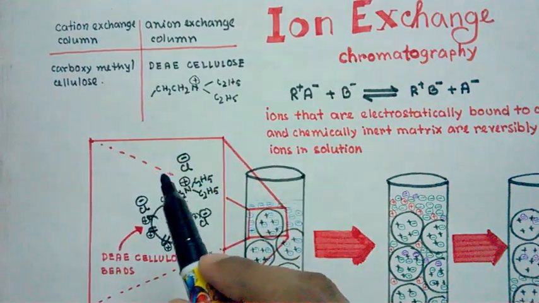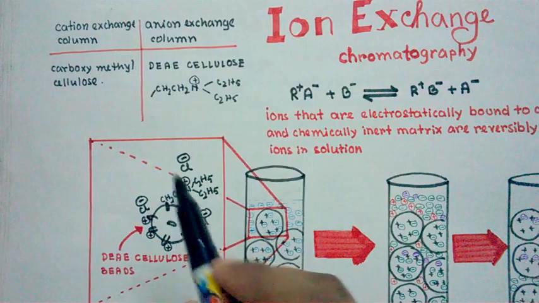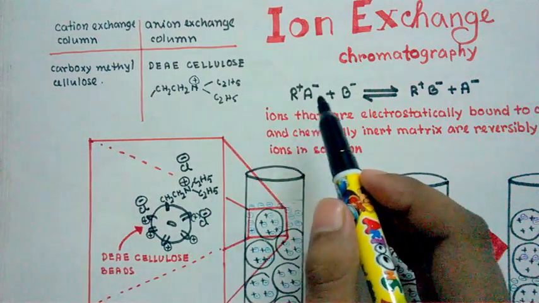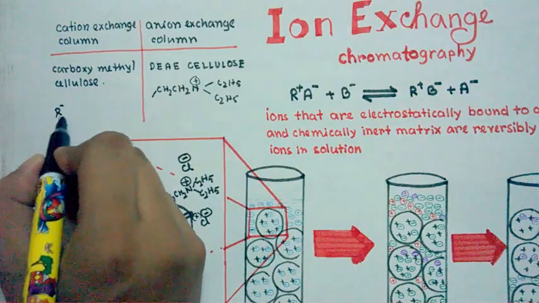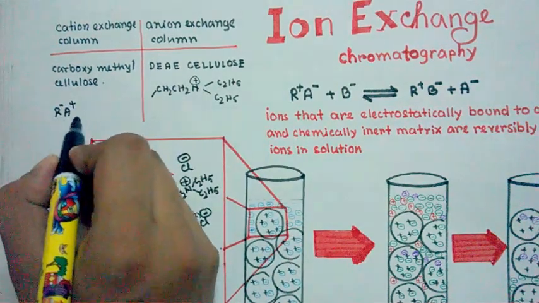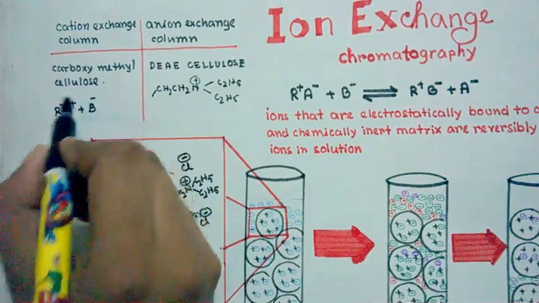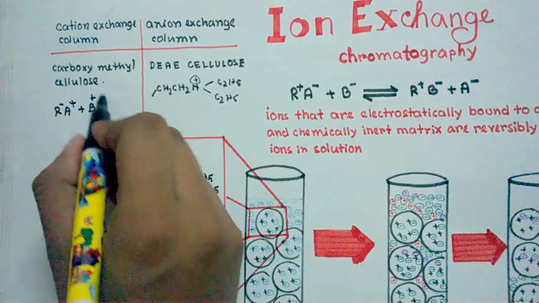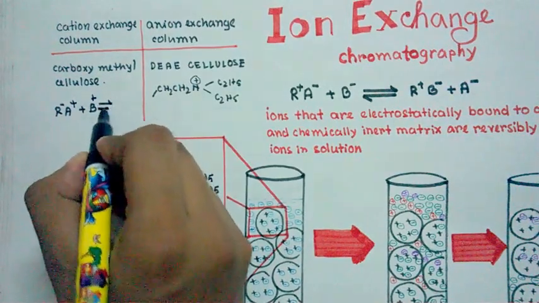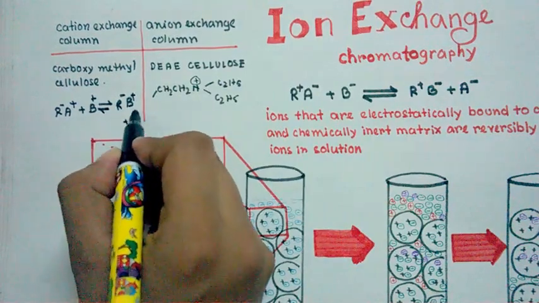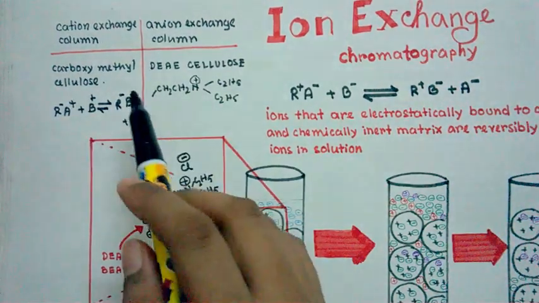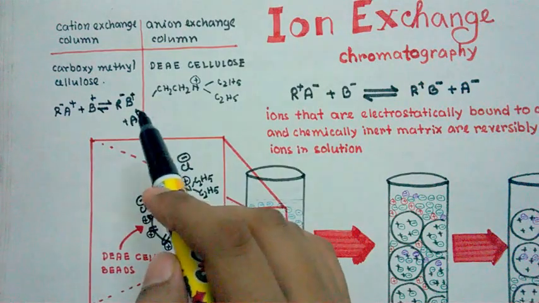Carboxymethyl cellulose has a carboxy group, so its R is actually negative. So for our cation exchange, this R would be negative and our cation would be positive, and it would be exchanged by our protein, and it would ultimately yield R negative, B plus, and A. This is the basic concept of cation exchange chromatography.